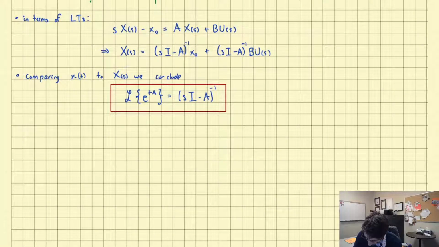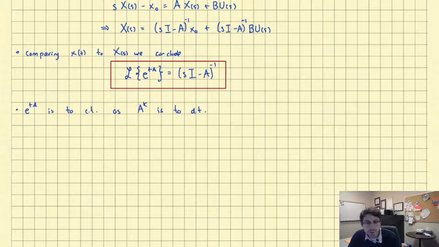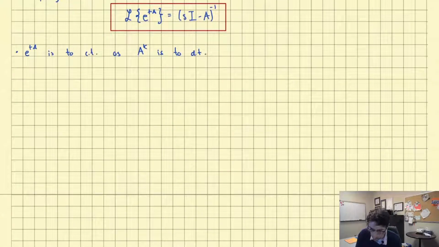Okay, and so indeed, e to the tA is to continuous time as A to the k is to discrete time. Okay, so let's just do an example of computing a matrix exponential, to see that it's very similar to what we've already seen. So example 7.21. I want to solve a certain differential equation.